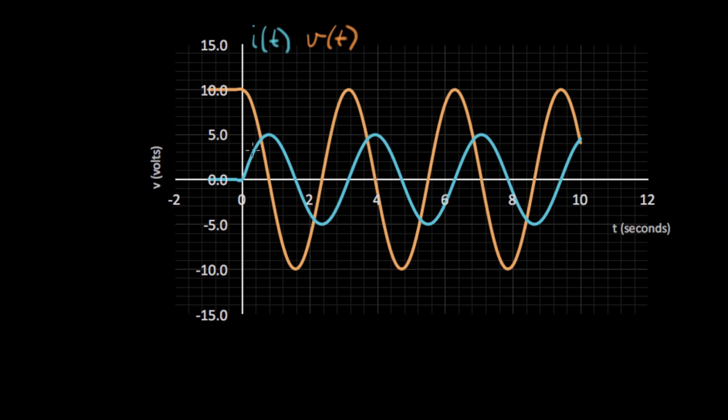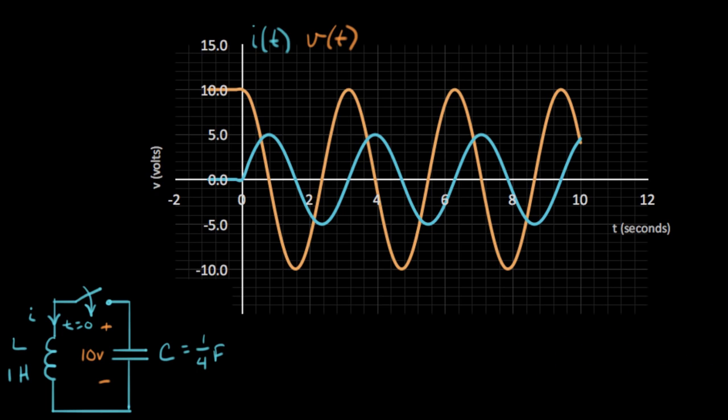One of them is a sine wave, the current is a sine wave, and the voltage is a cosine wave. So this is what we were going for. This is the natural response of an LC circuit, and we had two specific component values in it. We saw that we came out with both current and voltage looking like sinusoidal waves. This LC circuit, this is where sine waves come from in electronics. It's pretty cool.